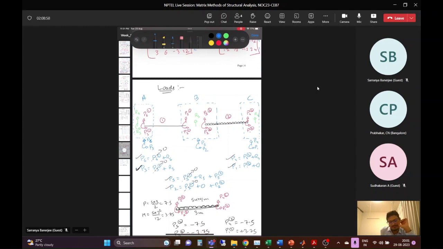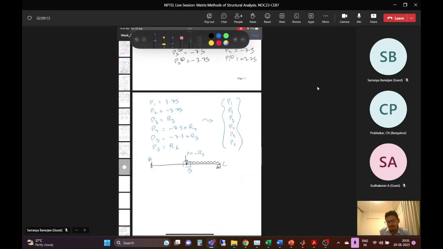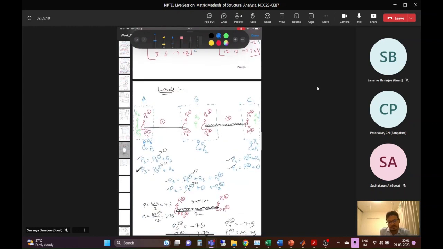So in that logic, if say P1 equals 0, does that mean that P4 equals only R4, only the reaction force? P4 should also not have this vertical equivalent load, right? P4, we are going to find it at the end, the reactions.